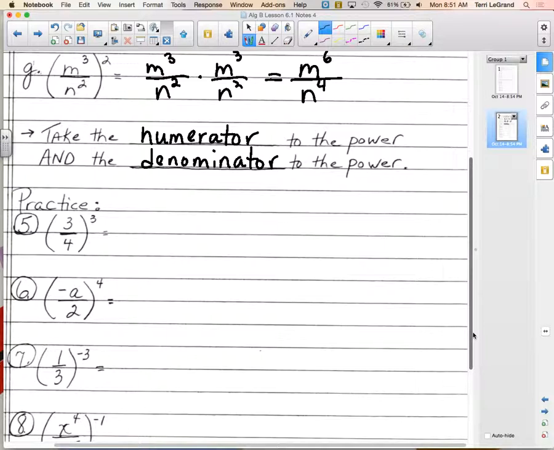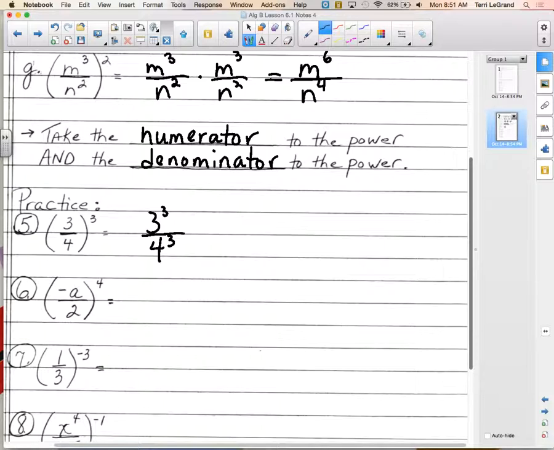So in number 5, 3/4 to the 3rd power. Instead of taking 3/4 times 3/4 times 3/4, we're just going to get rid of the parentheses by giving the 3 its own power of 3 and the 4 its own power of 3. And we do need to show this.